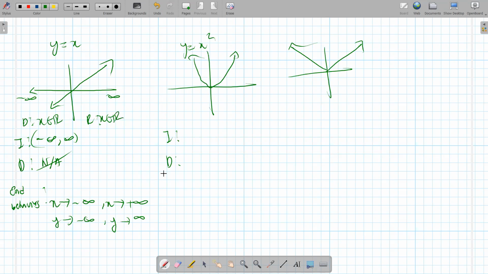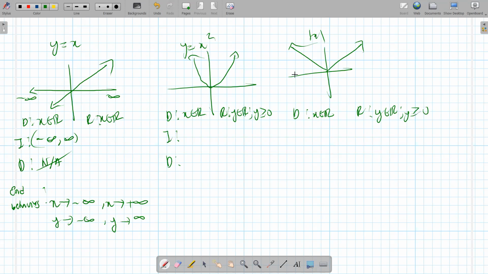What about the quadratic? The quadratic and absolute value have the same domain and range. So x can be anything, and y is greater than or equal to 0 for both of them. Properties are the same.